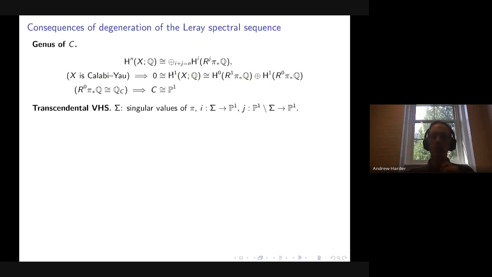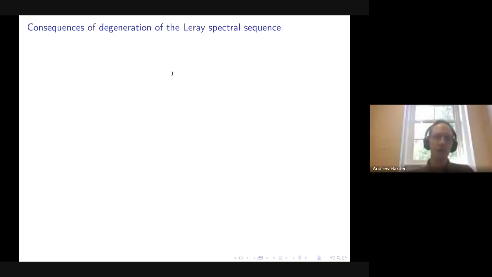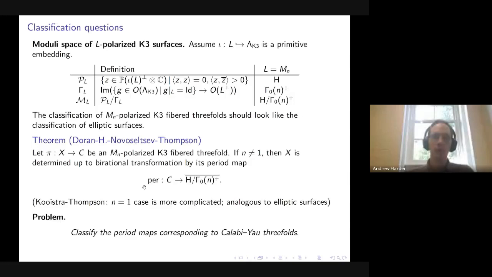Now this actually says a little bit about this classification. The base of this period map has to come from a P^1. Furthermore, if this period map is non-constant, then if I have an M_n polarized K3 fibered threefold which is Calabi-Yau, then this modular curve, H mod Γ_0(n)+, has to be itself rational.